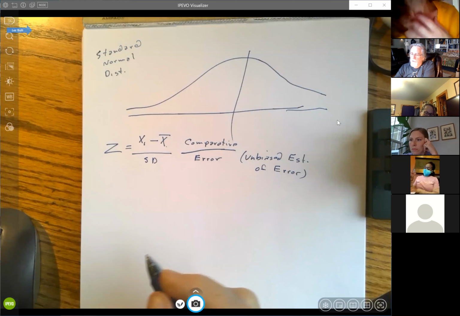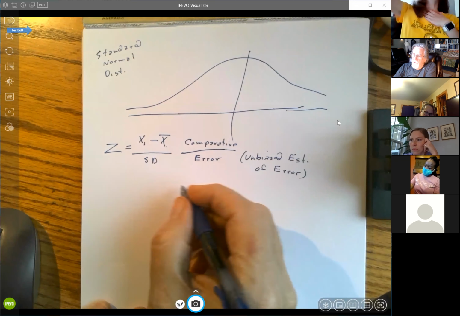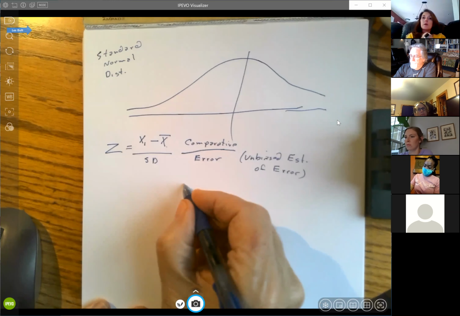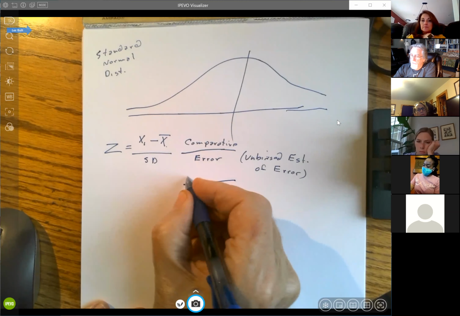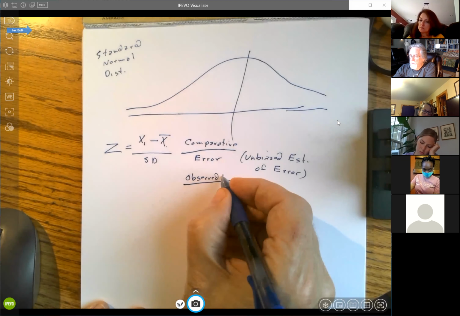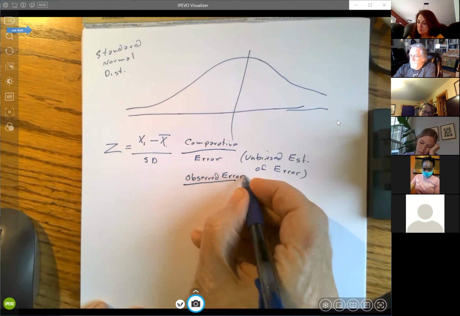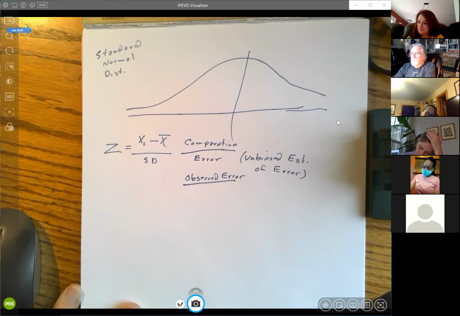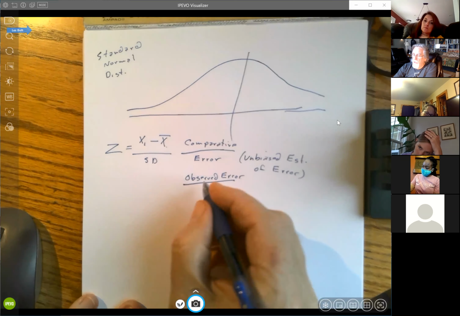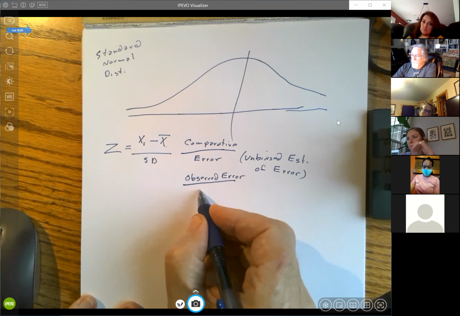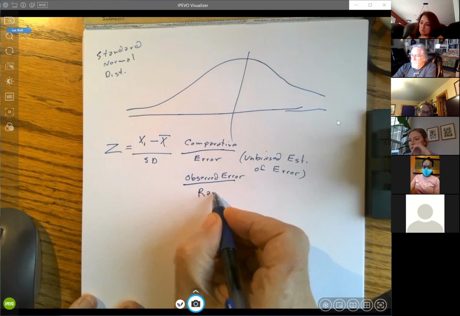Another way of thinking about this is that on the top of this thing is what we might call the observed error. In other words, the difference between a mean and another mean, or whatever. And what's on the bottom of it is, once again, random error.